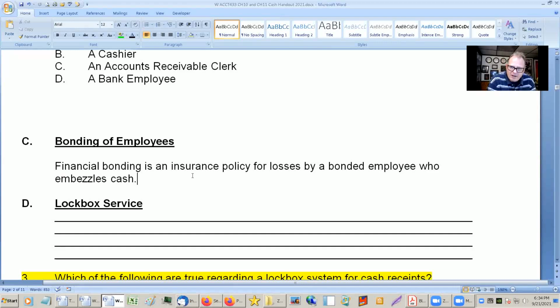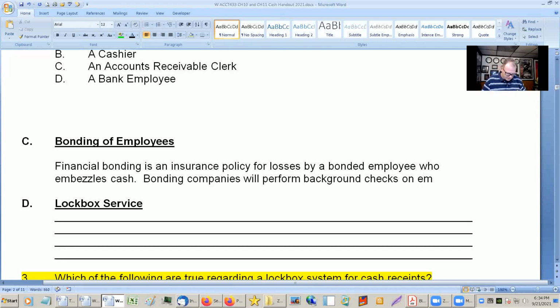Now, that in and of itself is probably not that big of a deal. They have insurance on all kinds of stuff, fire insurance, disruption insurance. But the thing that makes this one different is the bonding companies will perform background checks on employees.